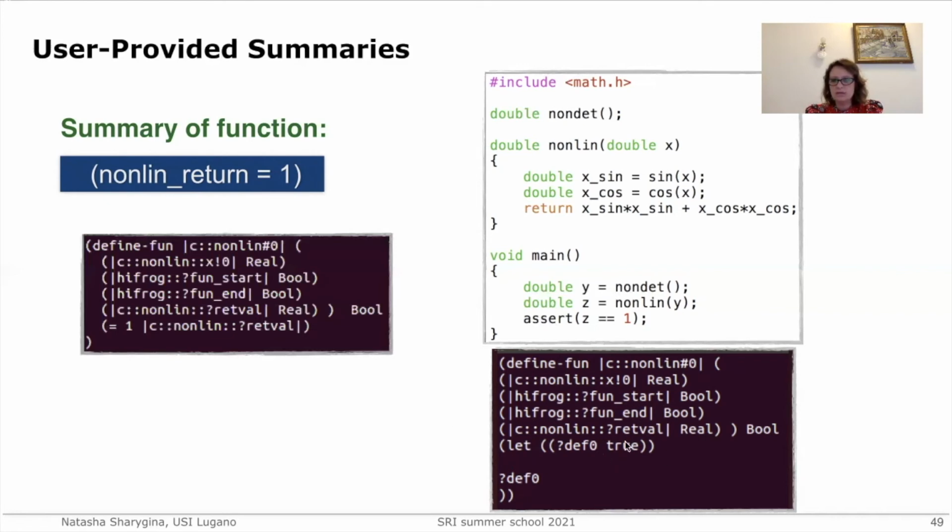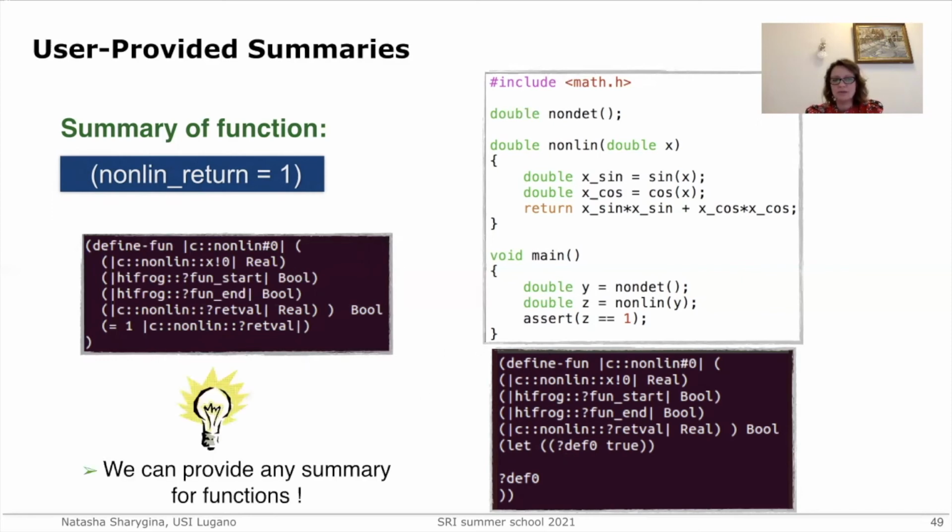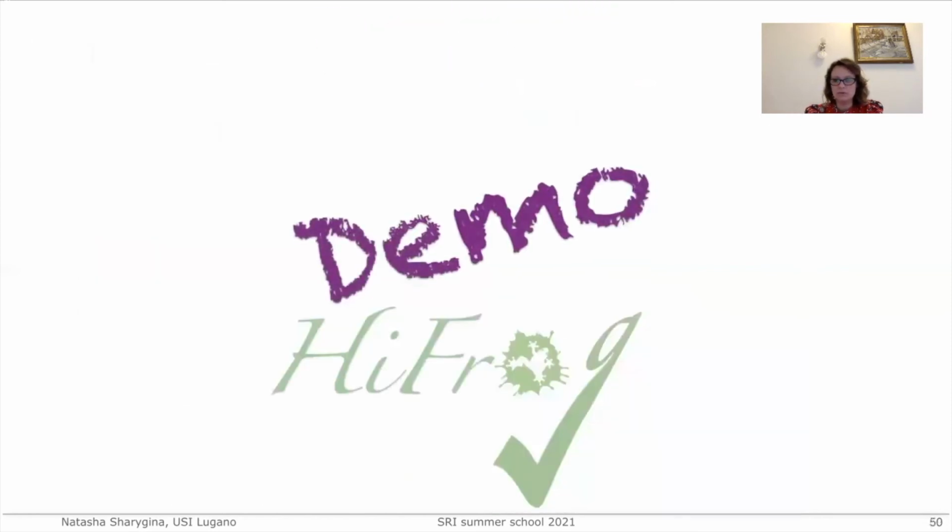So we can take this template and explicitly say that the function should be returning 1 instead of trying to be computed based on the actual operations used in the function definition. So this is one of the features of HiFrog, and we can provide any summary for pretty much any function. The user knowledge could be quite handily exploited.